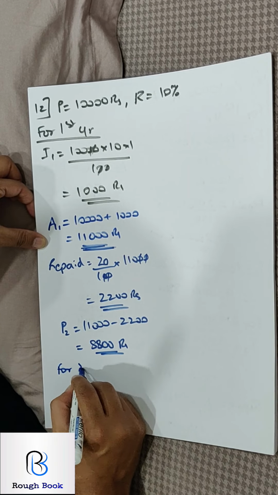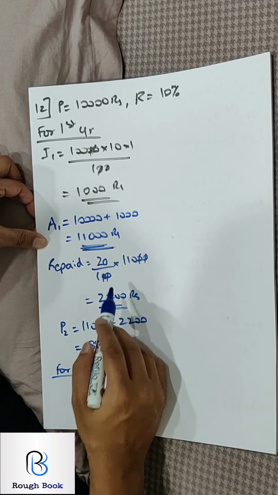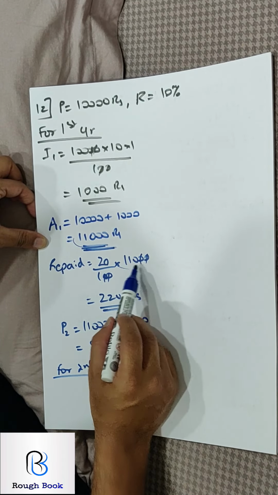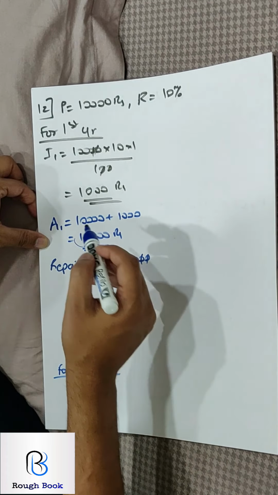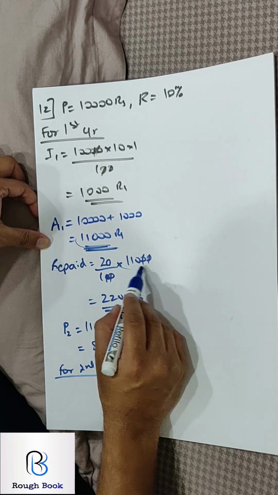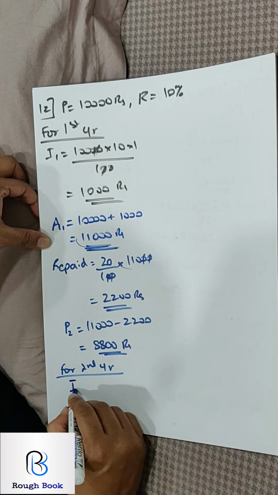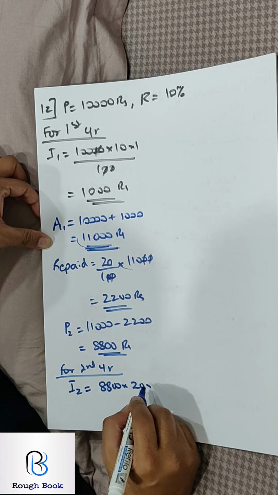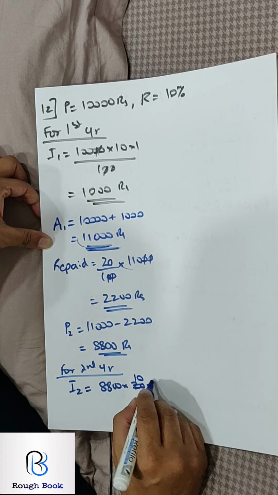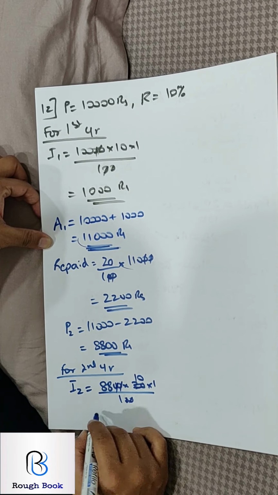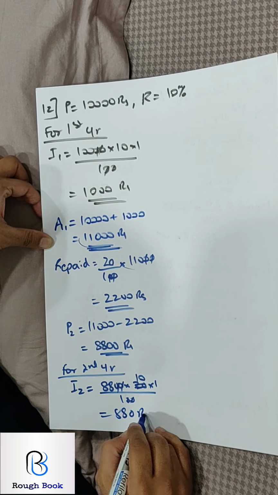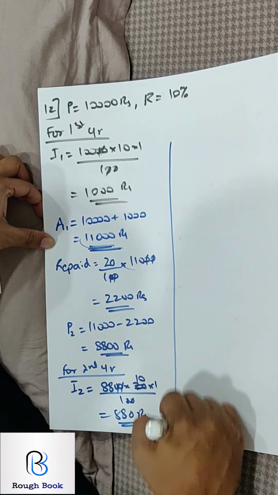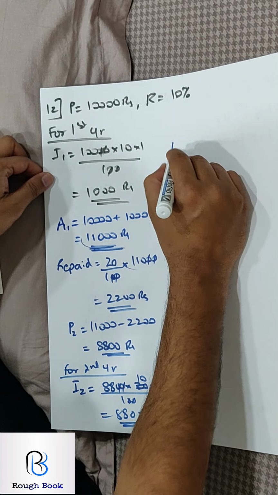Now go for the second year. Many people mess up here by taking this repayment as 10,000 or maybe 11,000. 11,000 is the correct one. Now I2 is 8,800 at 10% interest. So I get 880 rupees. Once I get this 880, what will be my repayment?